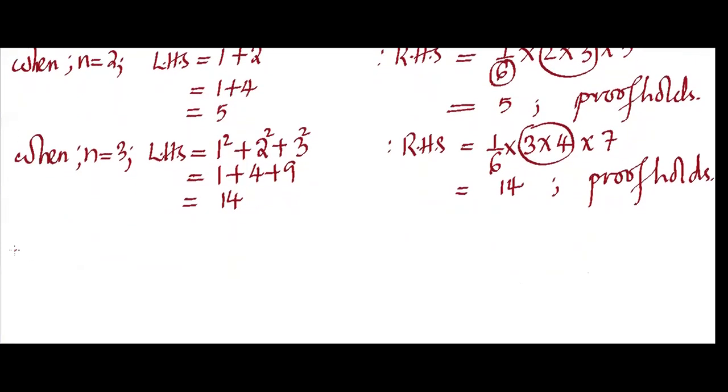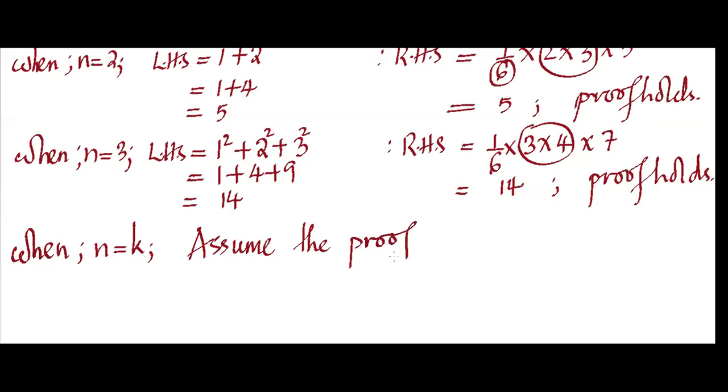We have confirmed that the proof holds for all the terms we were able to state. So n equal to k is our assumption point.